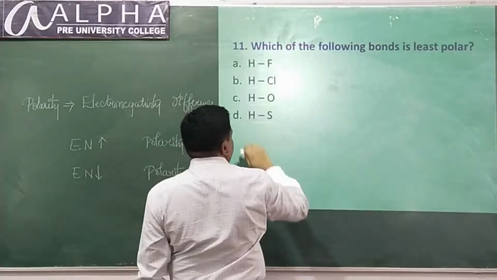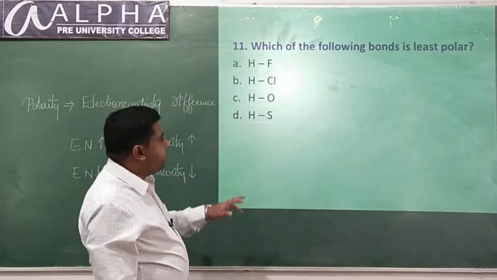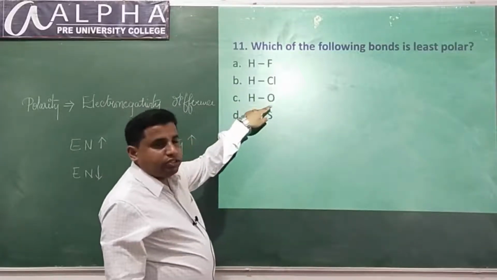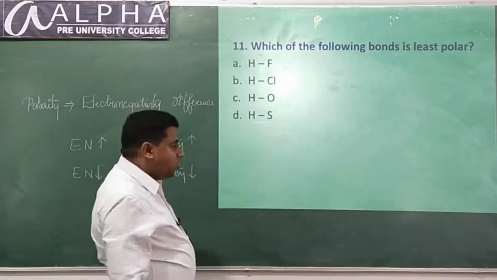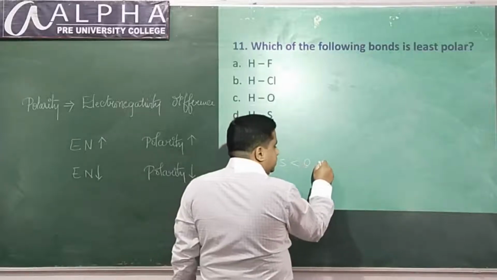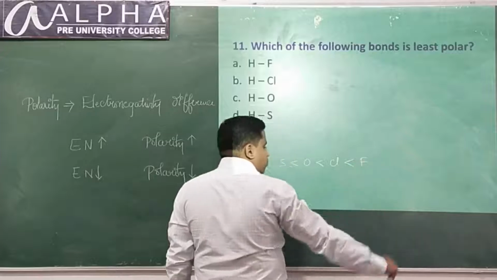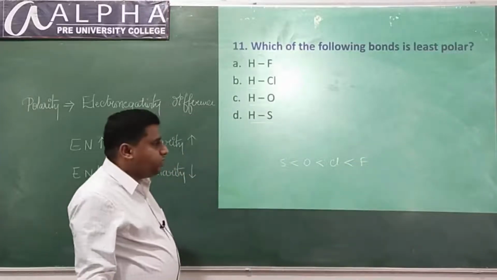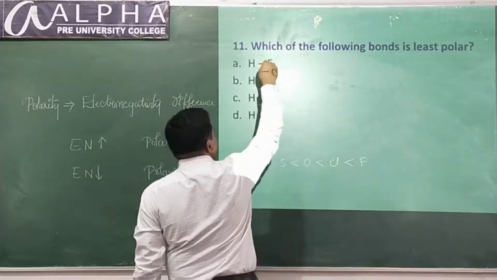Chlorine is less electronegative than fluorine, oxygen is less electronegative than chlorine, and sulfur is less electronegative than oxygen. So fluorine is highly electronegative. Therefore, this bond is highly polar.